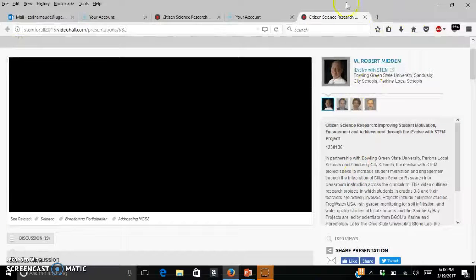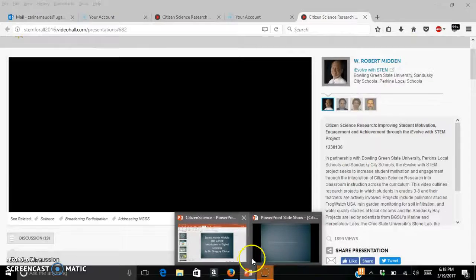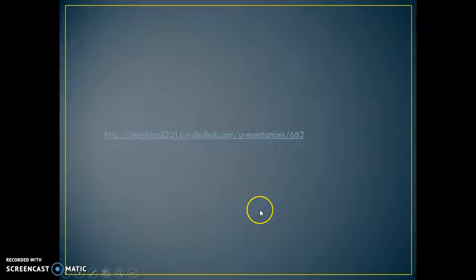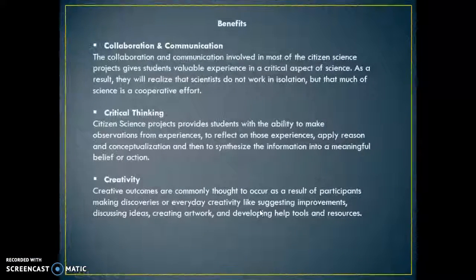So, as you can see, this is a very practical way of incorporating science and technology into what students are learning in class, making it really relevant. And how does it relate to the forces?